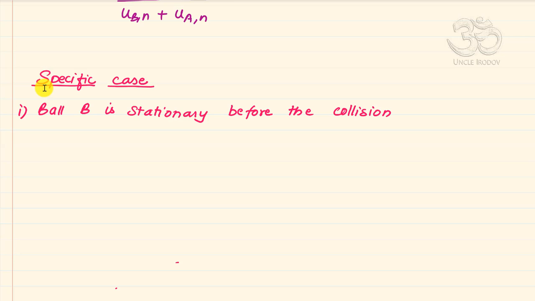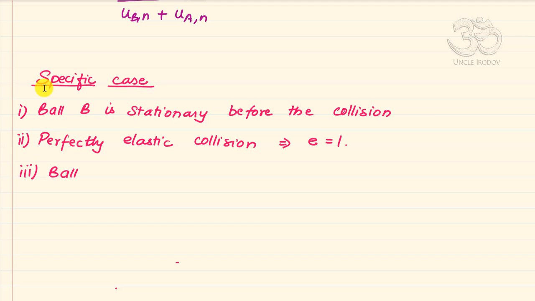So this is the first assumption. The second assumption is that it's an elastic collision, a perfectly elastic collision, which means that E is 1. And third and last is that these two balls A and B have equal mass, or they are identical.